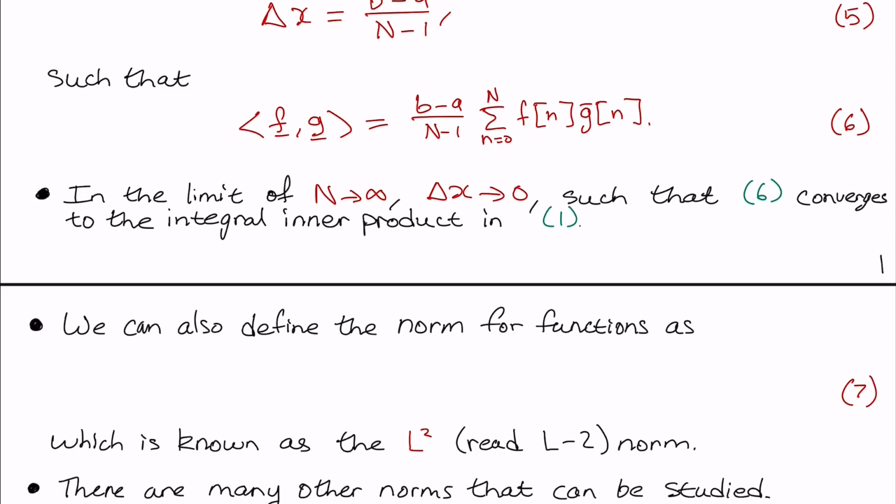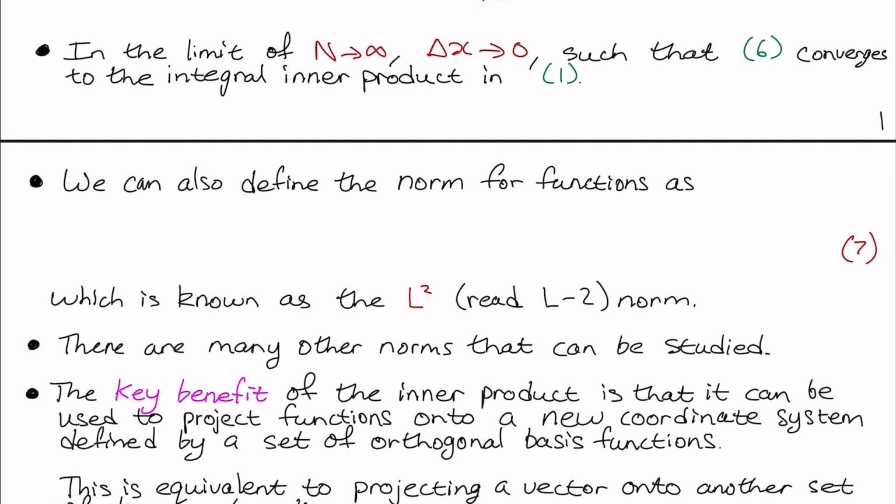Okay, we can also define what's known as a norm for functions. In this case, we're going to use 2 double lines to represent our norm, and we're going to be looking at what's known as the L2 norm, so we're going to just put a 2 in a subscript there.